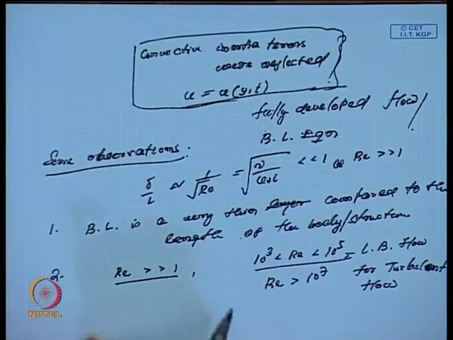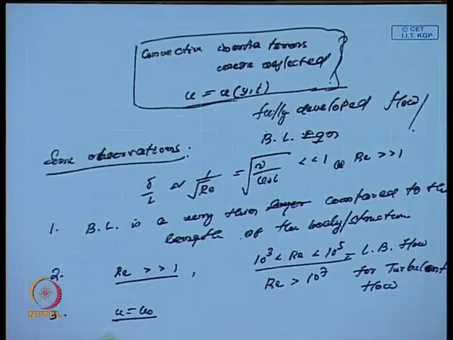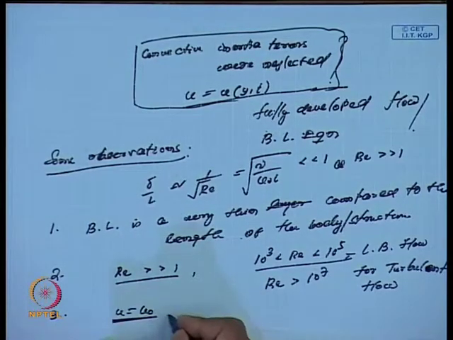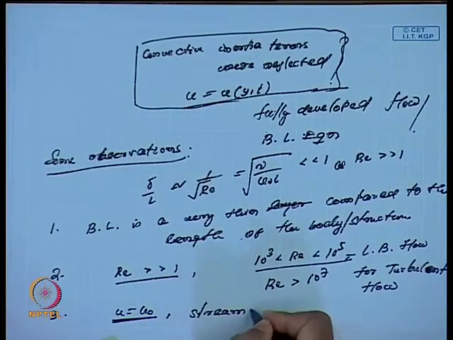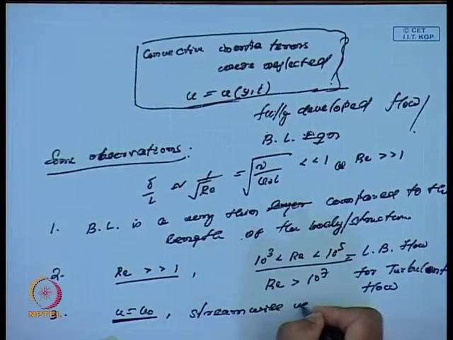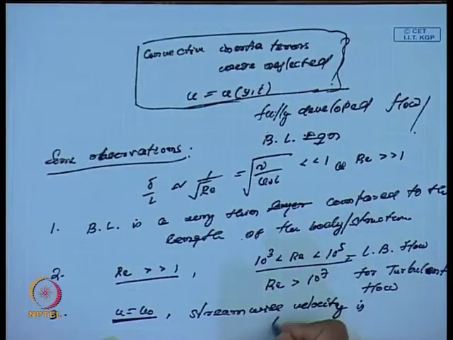Here, just beyond the boundary layer we have u is equal to u naught, which we call the streamwise velocity. So, I can say that the streamwise velocity is predominant in the boundary layer flow.